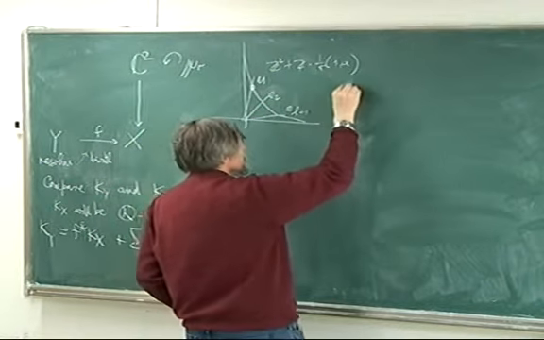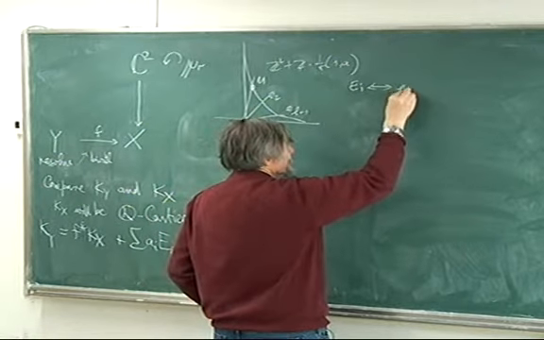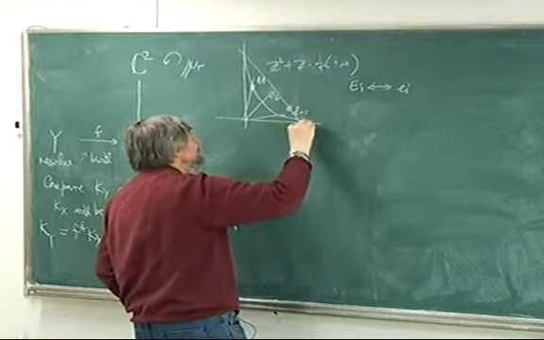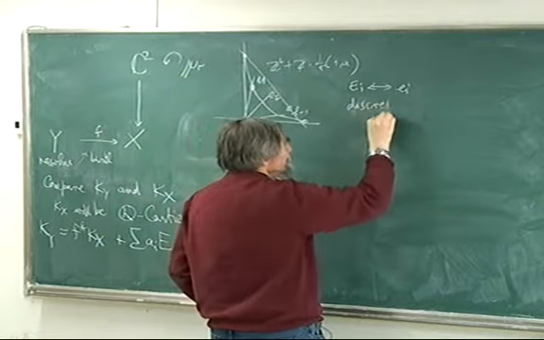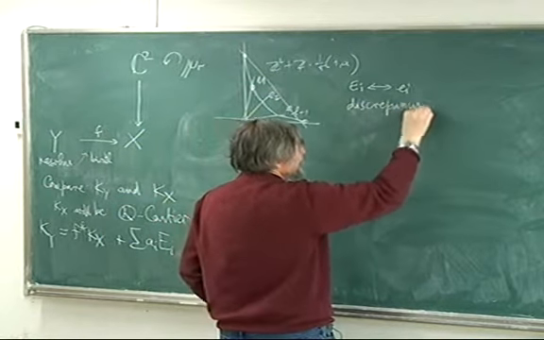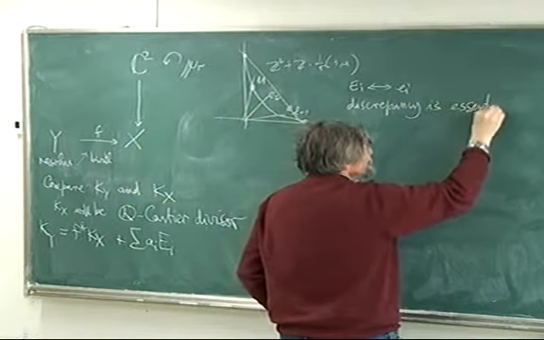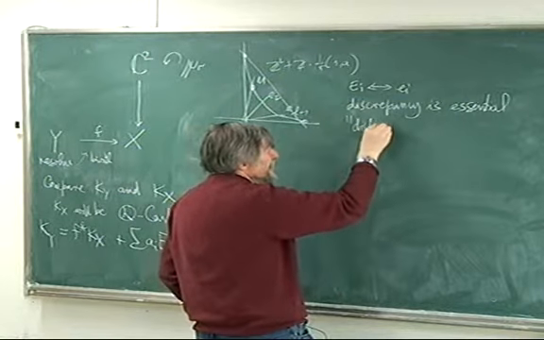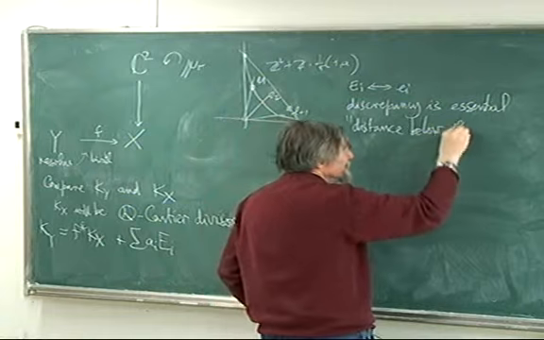The E_i correspond to the vectors e_i, and the discrepancy is essentially the distance below the diagonal.